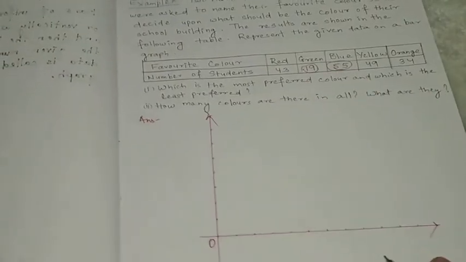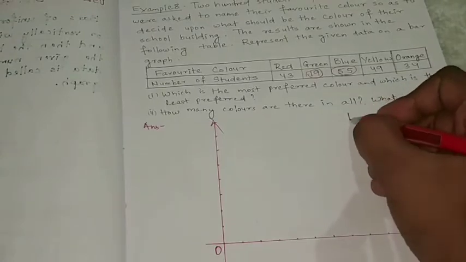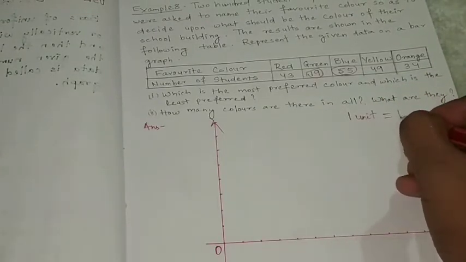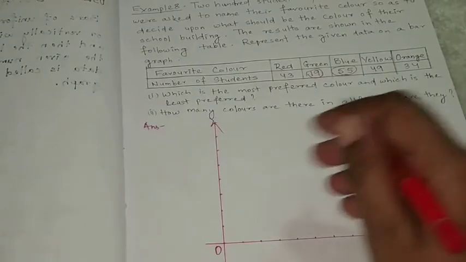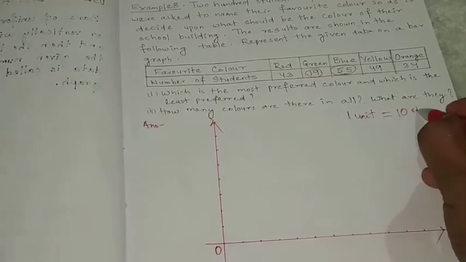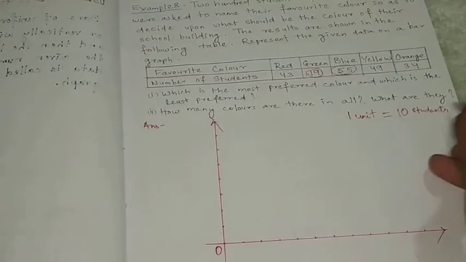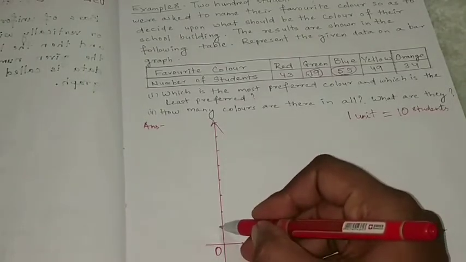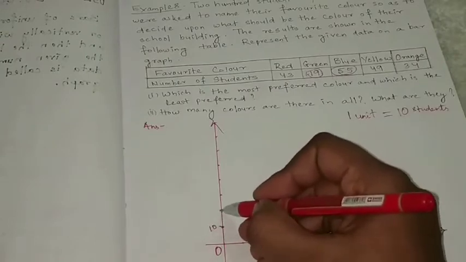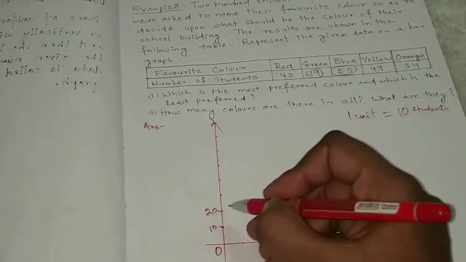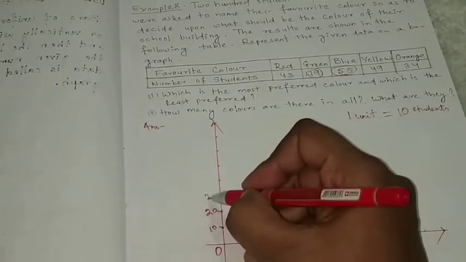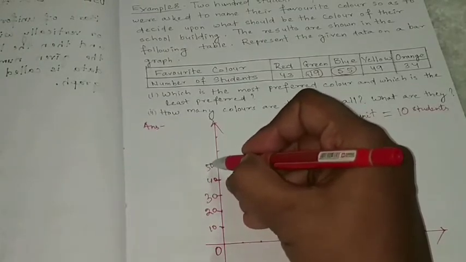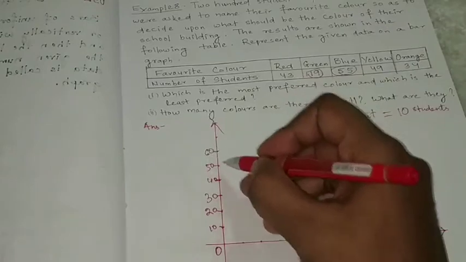So I'll take 1 unit equal to 10 students. I'll put 10 for 1 unit, then 20, then 30, 40, 50, 60.